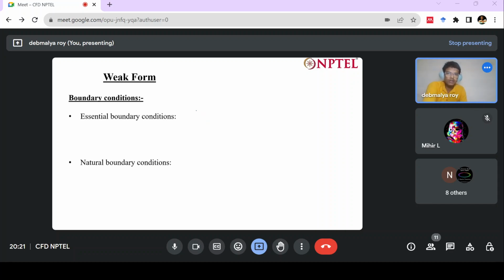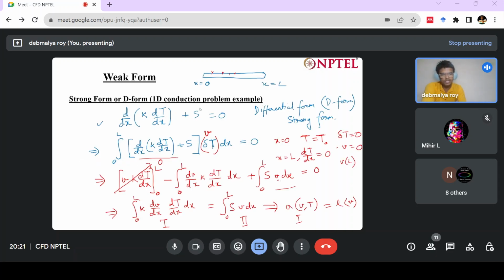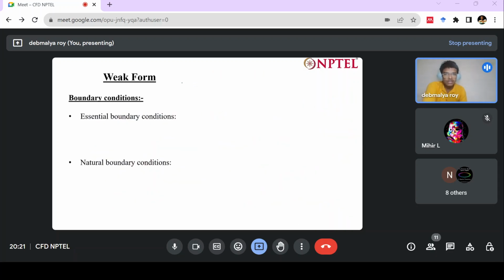I'm using this previous example only, but in a generic case, you will have a variational variable, and you will have your actual variable, the dependent variable that you are trying to solve for, or some derivative of it.